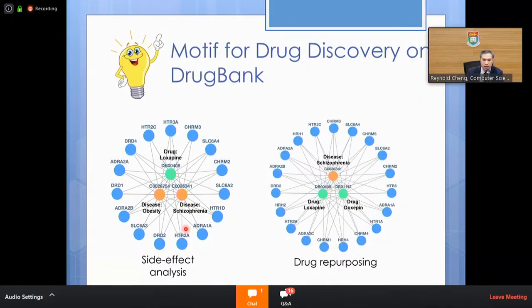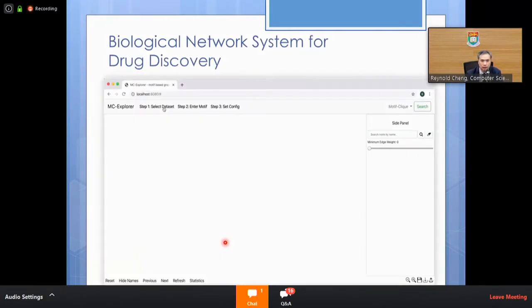And in another example, called drug repurposing, we find that for tackling the disease schizophrenia, loxapine could be a useful drug. So could we use this kind of tool to help us find drugs for COVID-19?